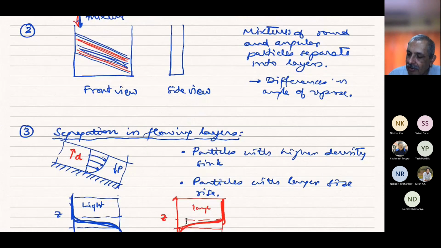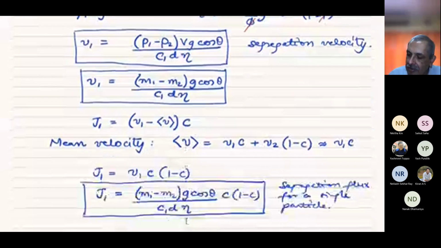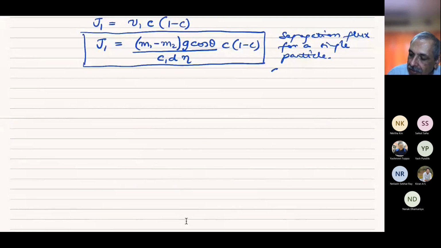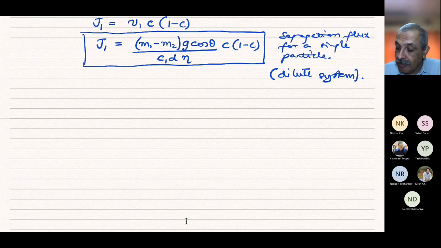And what that actually means is that we are considering a very dilute system where the concentration of the particles is extremely small. So C is extremely small, and you're only considering the motion of one of the particles. So this is what you would get for the segregation flux.